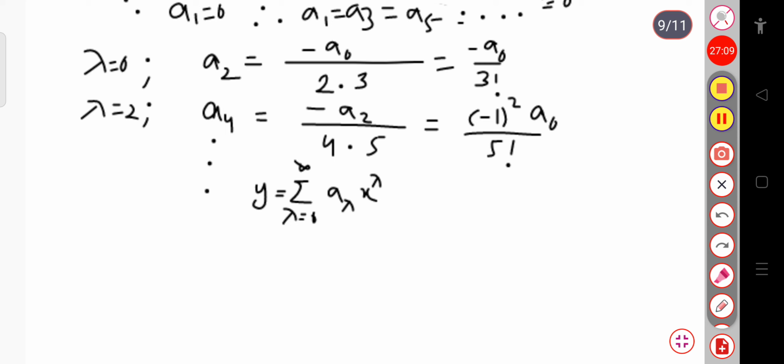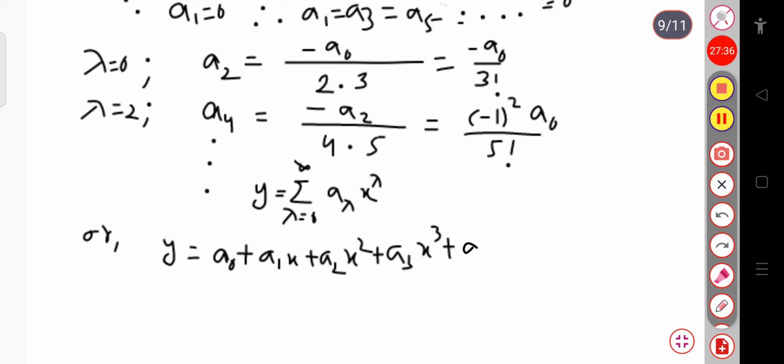Or we can write y equal to a0 x power 0, which means 1, plus a1 x power 1 plus a2 x power 2 plus a3 x power 3 plus a4 x power 4 and so on.